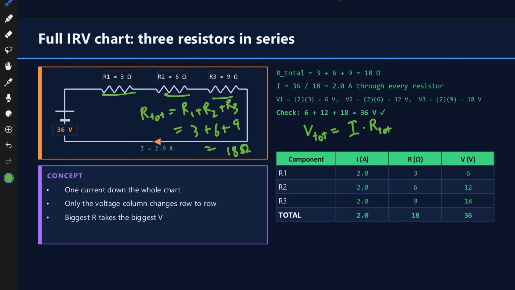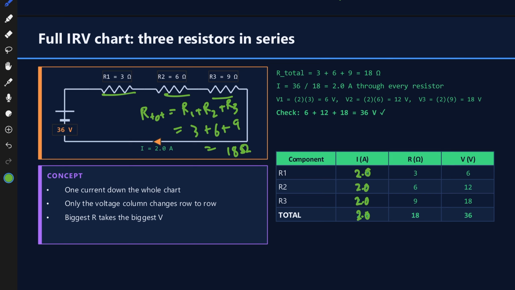So 36 volts is equal to 18 ohms times I. I is just equal to 2 amperes. So when I'm filling out the IRV chart, I can write 2 everywhere, because the current is always the same across the entire thing.